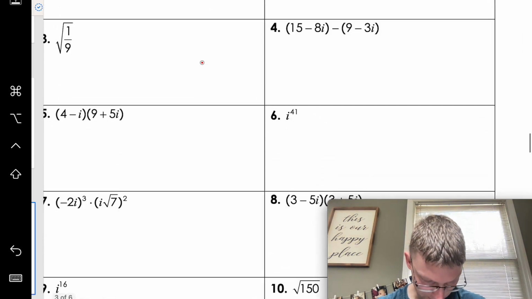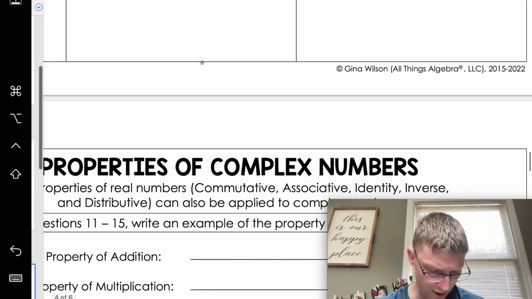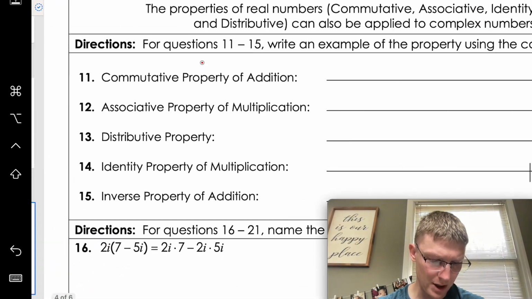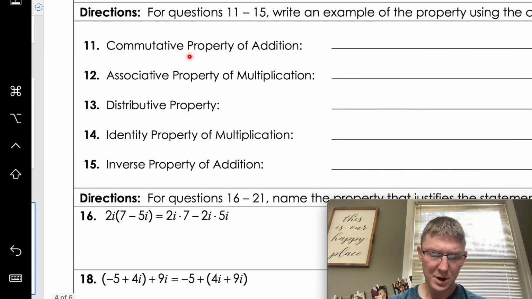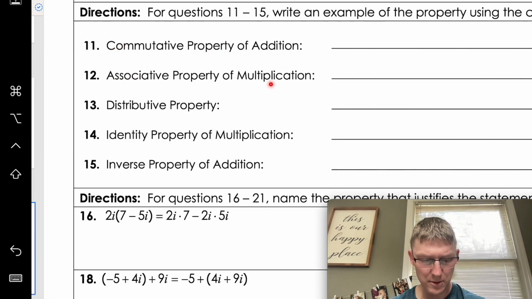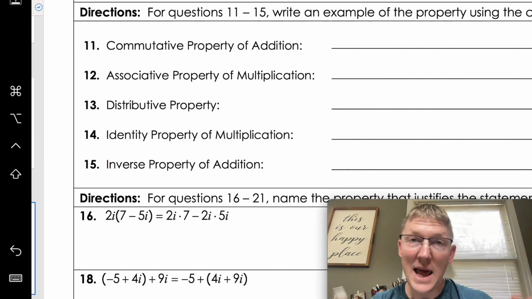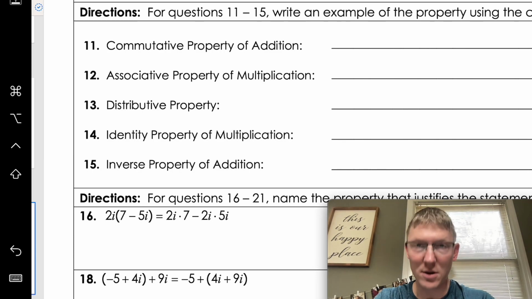So there's a whole lesson here, but we're going to just glance through it. All of these things, if you remember, commutative property of addition, associative property of multiplication, distributive property, identity property of multiplication, and inverse property of addition. If you treat i like a variable, it is all the same.